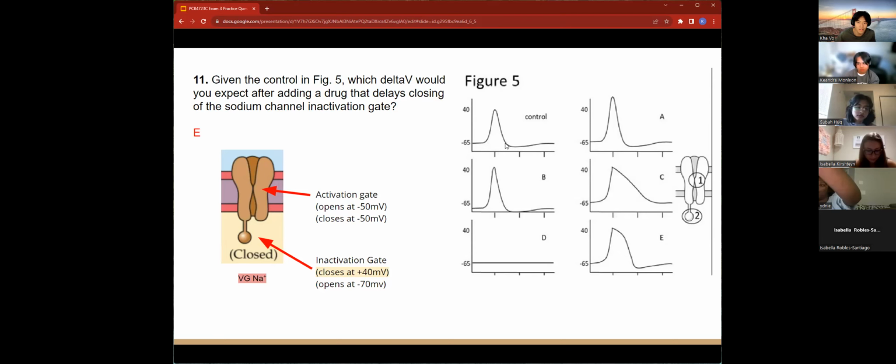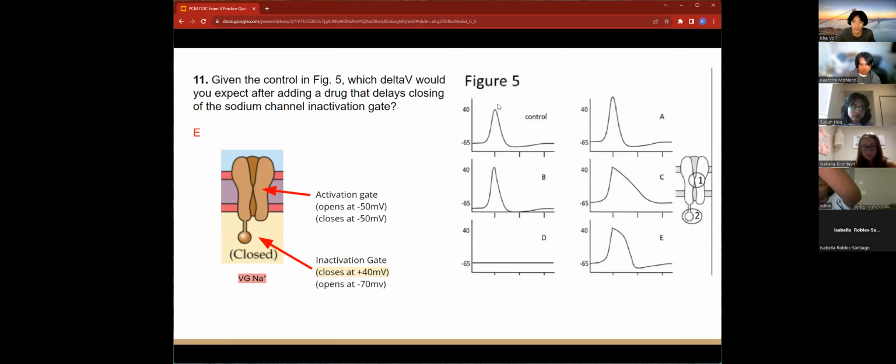Remember I said the hyperpolarization part of the curve was due to the potassium one taking a little bit longer. So yeah, this peak here will not change, or this dip here won't change, simply because we're not affecting the voltage gated potassium one. We're only affecting the voltage gated sodium one, all right?